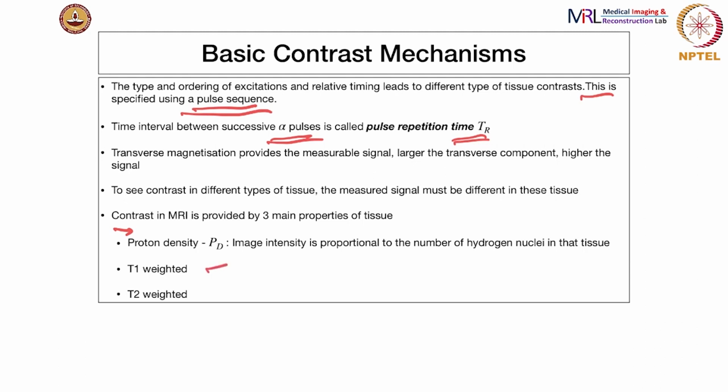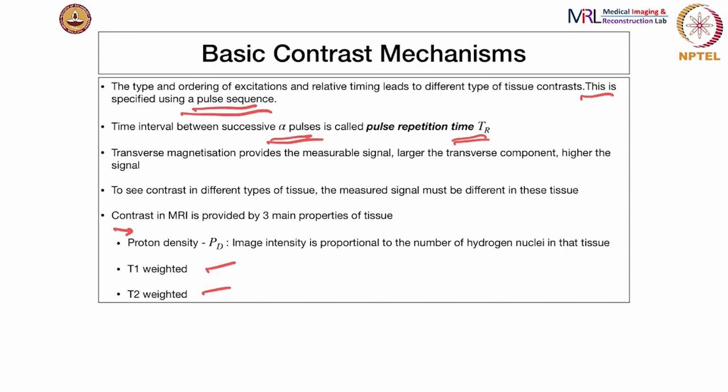And there are the T1 and T2 weighting times. So we saw what T1 was. T1 was the rate at which you recover the longitudinal magnetization, and that is a tissue dependent property. It depends on the chemical or biochemical constitution of that particular tissue.